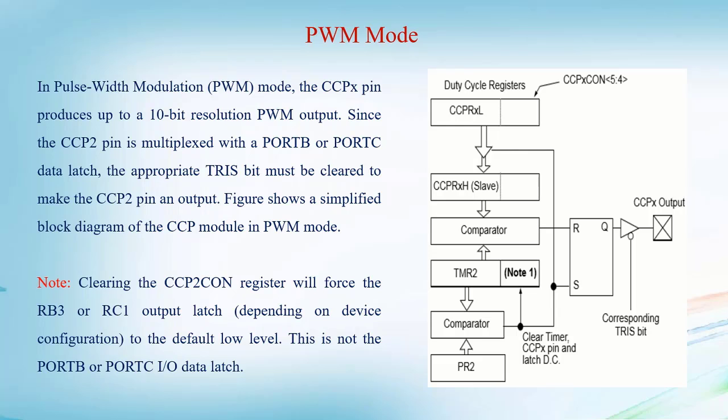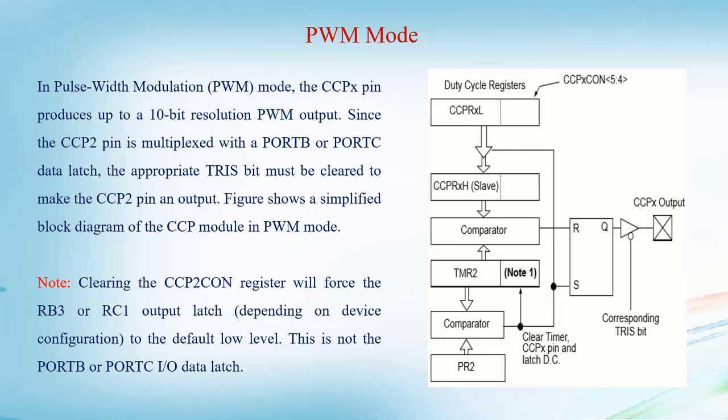Figure shows the simplified block diagram of CCP module in PWM mode. In the diagram, you can see the duty cycle register CCPRxL and CCPxCON 4th and 5th bits move into the CCPRxH slave, which is compared with the TMR2 value, and TMR2 will compare with the PR2 value.